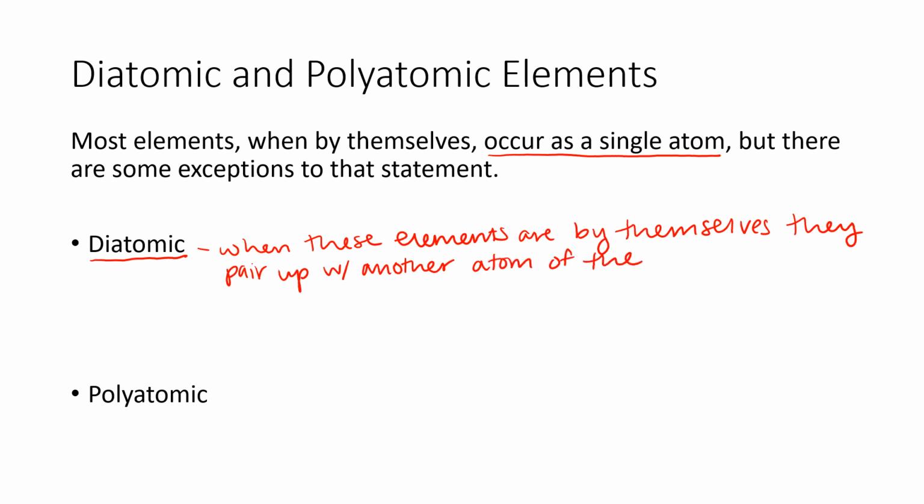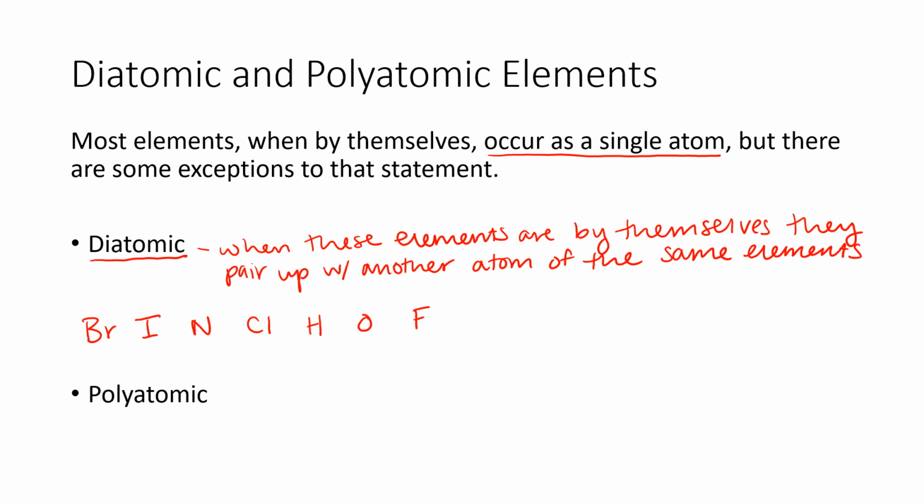And we have a saying that will help us remember these diatomic elements. There are 7, and the saying is Brinkelhoff. And so what that means is bromine, iodine, nitrogen, chlorine, hydrogen, oxygen, and fluorine. When these 7 elements are by themselves, they naturally pair up with another atom of the same element.